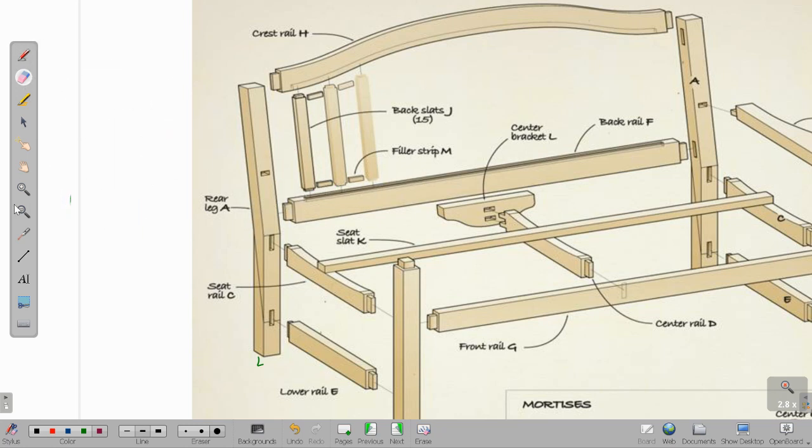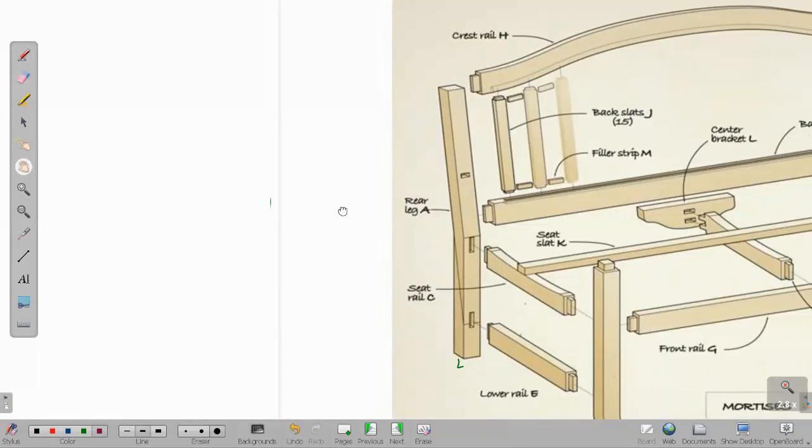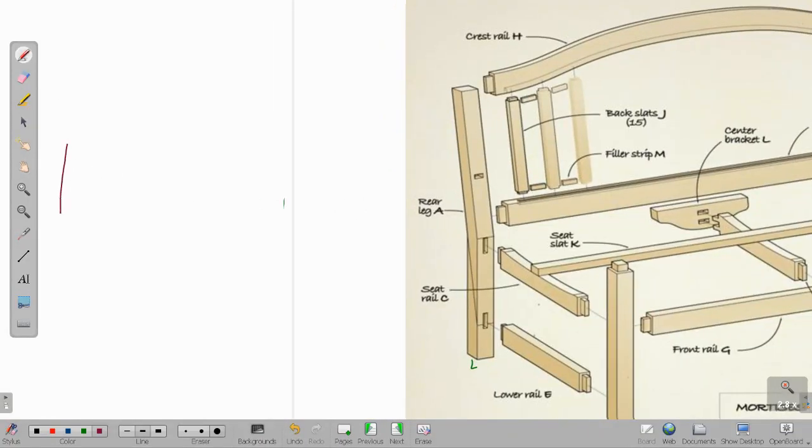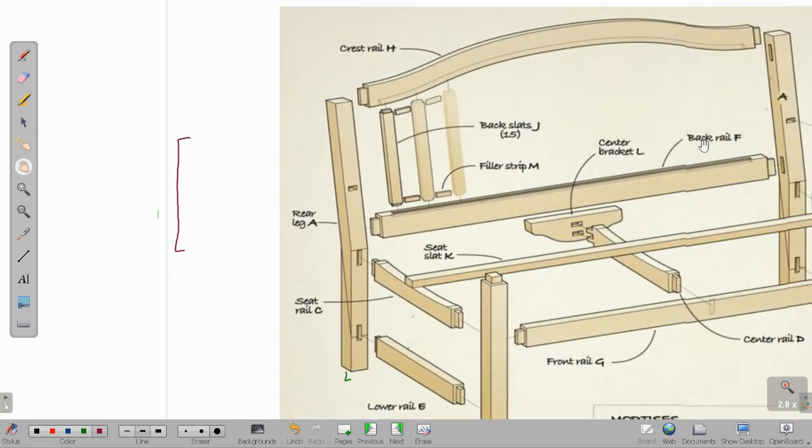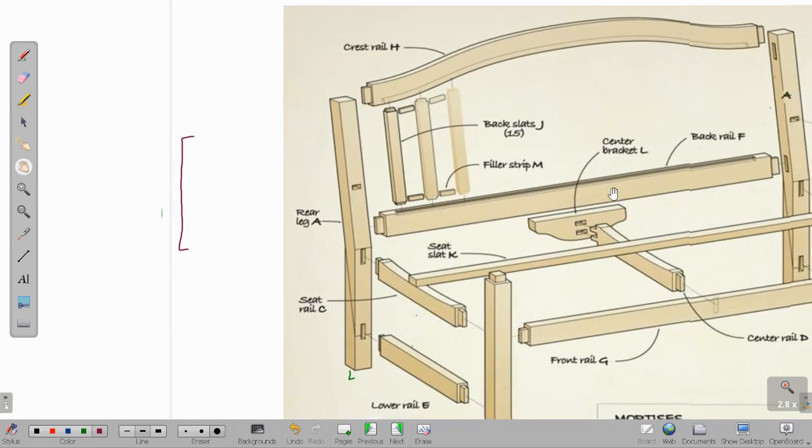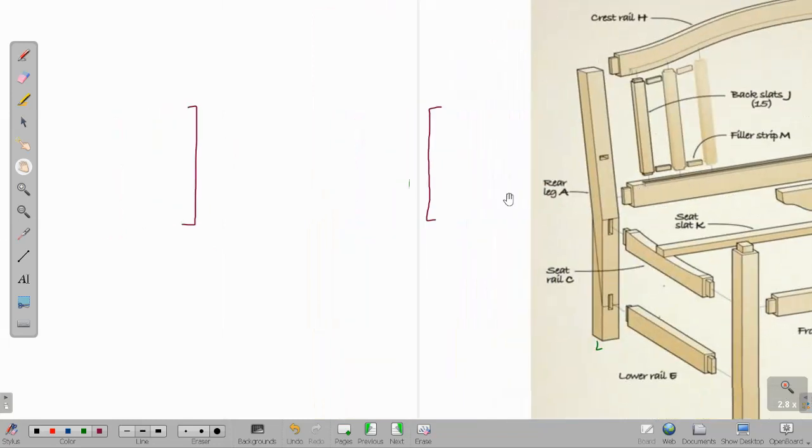If I draw this diagram slightly better, we can see the two legs, and the back rail, which is kept in this particular fashion.